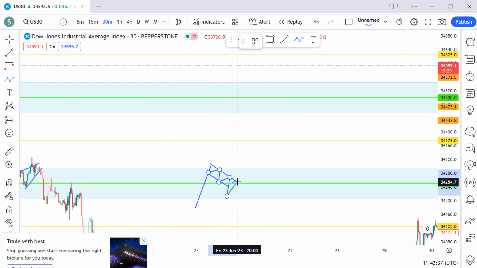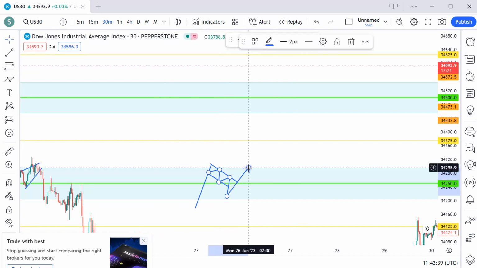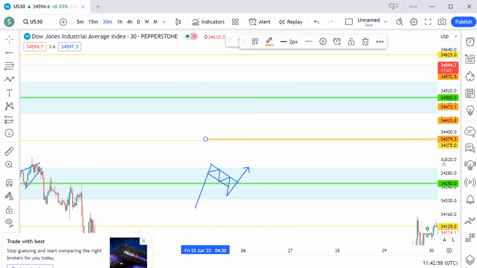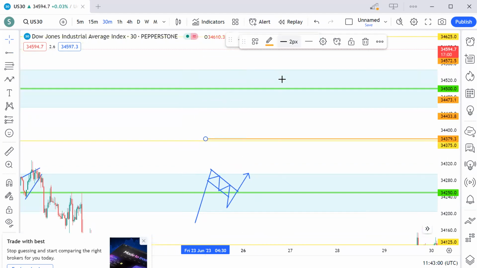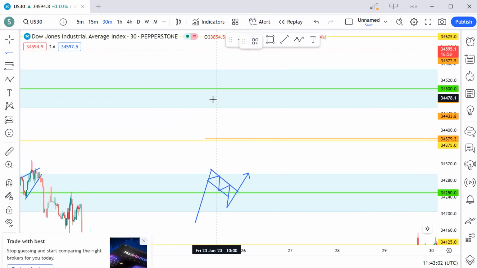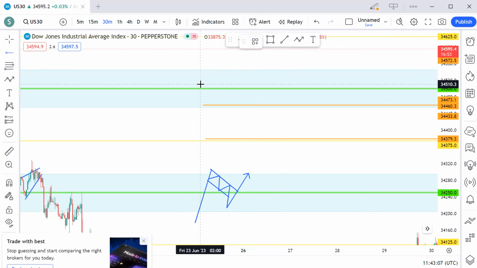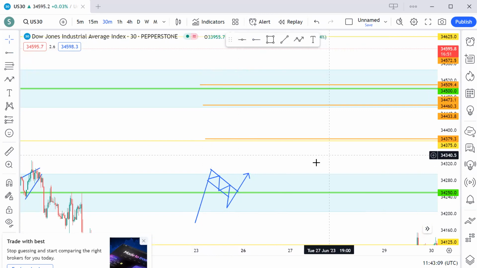Liquidity spike and breakout. Okay, we've got a bullish flag here. And we have our TP points, our highs set just above mid-range, just above tip of zone and just above key level.